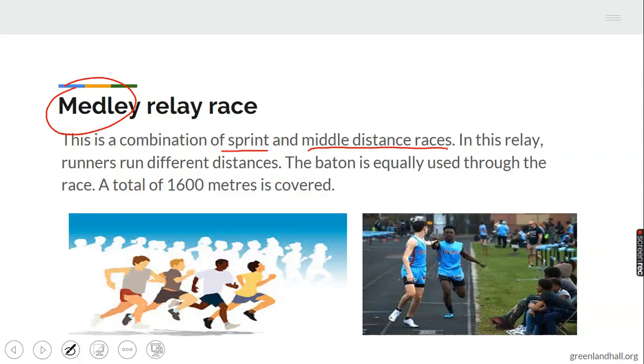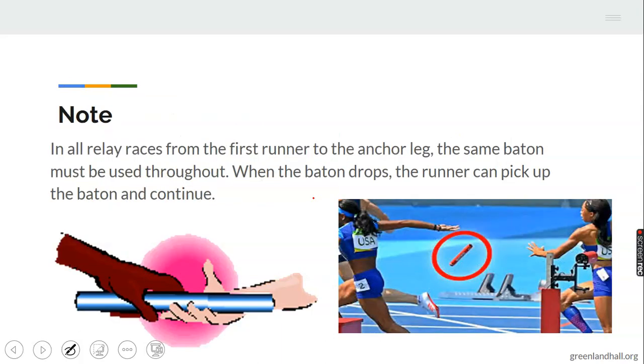So we have a sprint race and a middle distance race. In this relay race, runners run different distances. The baton is equally used through the race, and a total of 1,600 meters is also covered.